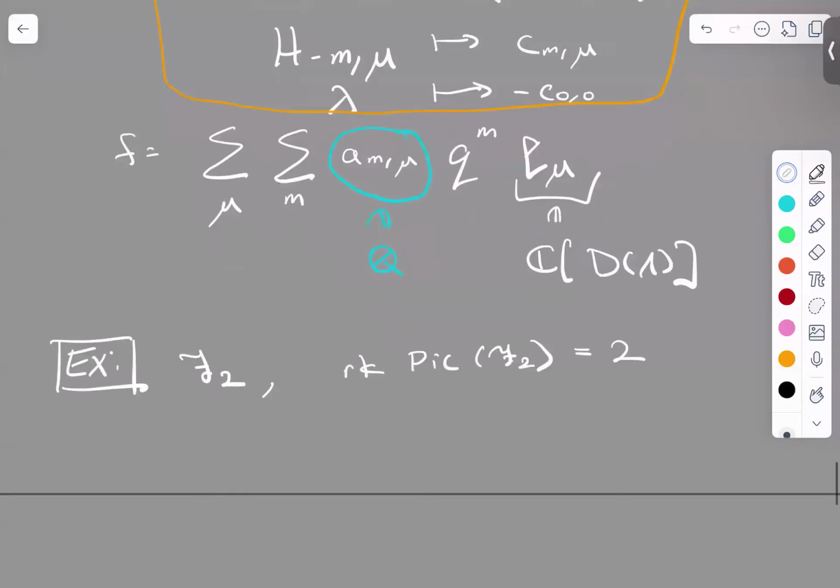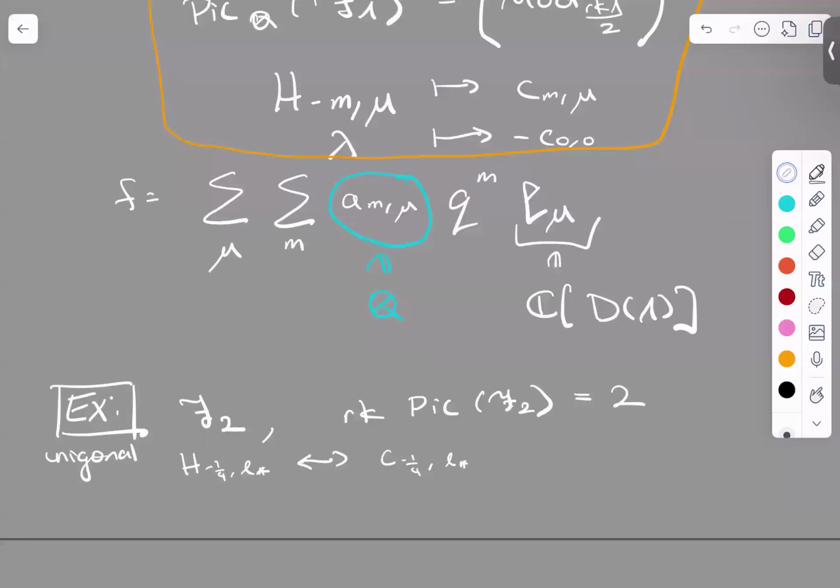And so if we look at these special divisors that I listed before, we have this Heegner divisor minus 1/4 L star, which I said corresponded to this unigonal locus of K3 surfaces equipped with an elliptic fibration with a section. Under the above isomorphism, this corresponds to the coefficient extraction functional with the same data.